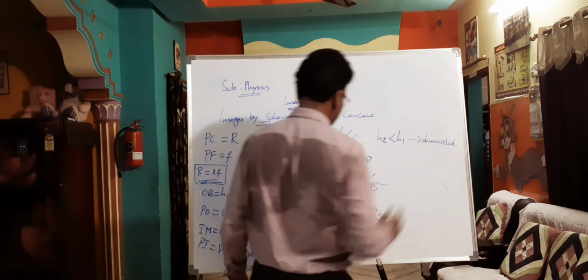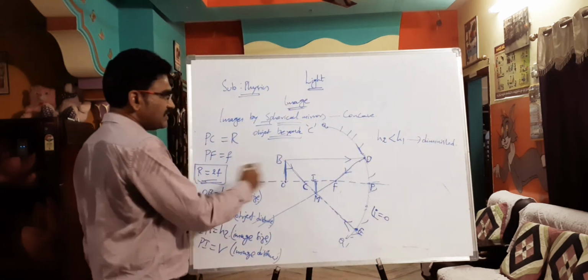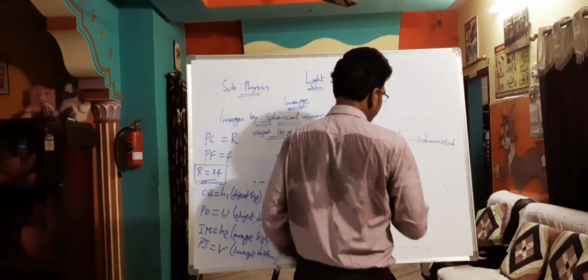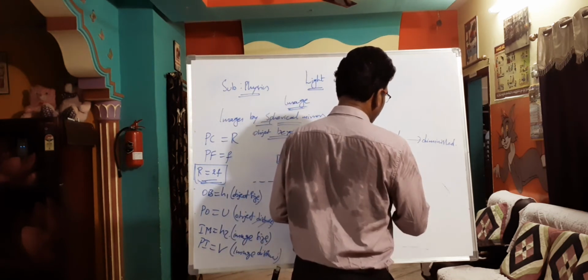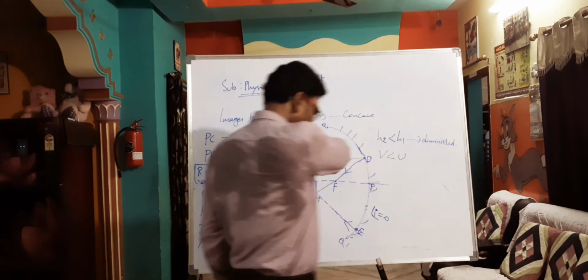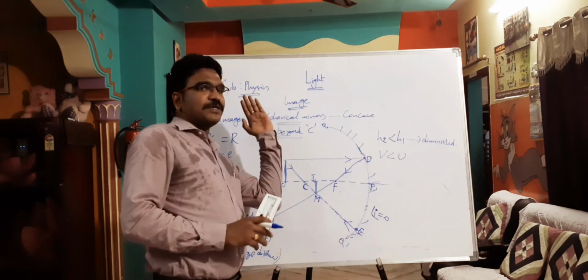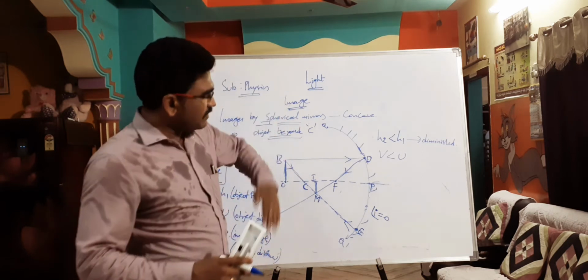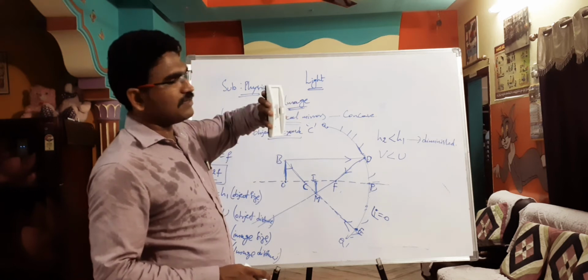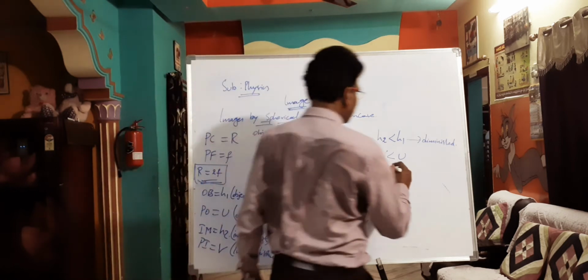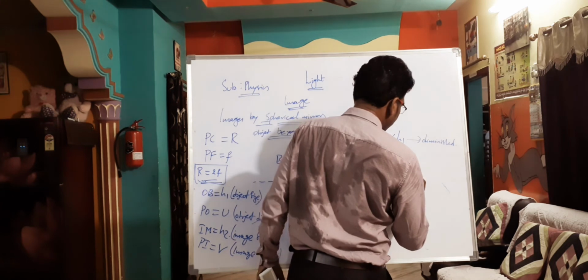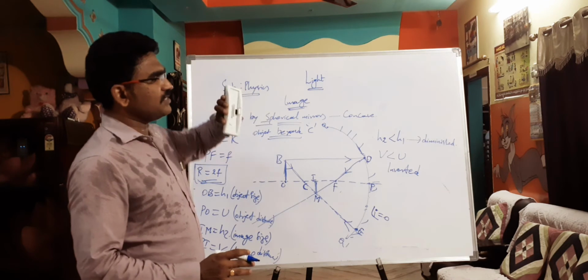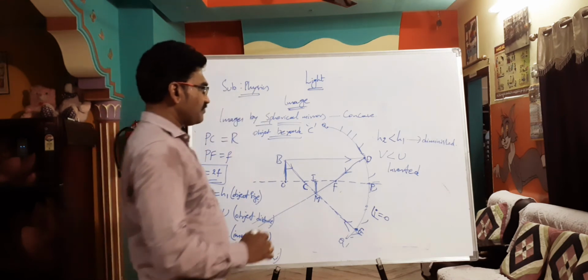Also you see the object distance is greater than the image distance, which means V is less than U. The object is above the principal axis, but the image is formed like this, below it. So it is inverted, diminished.